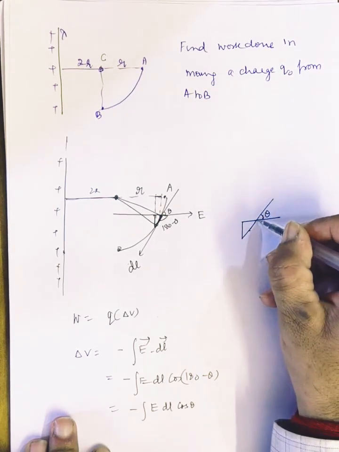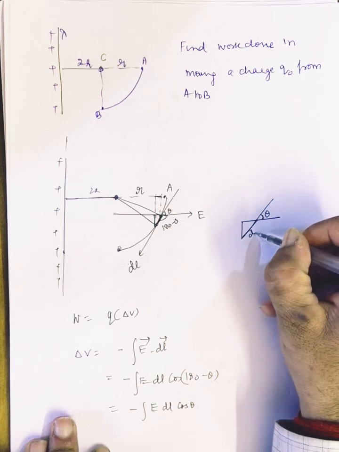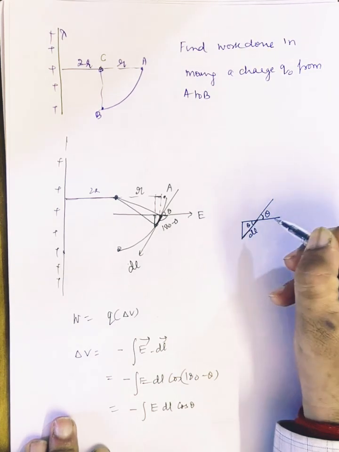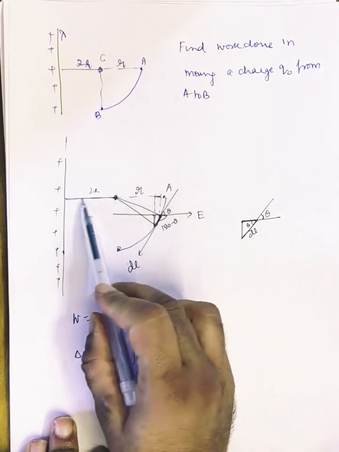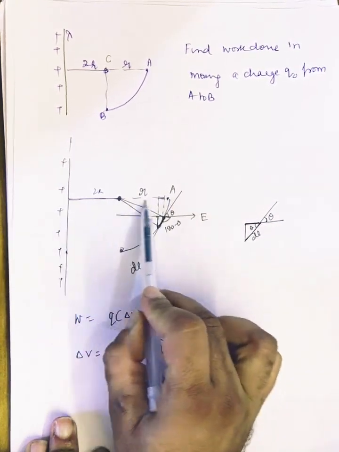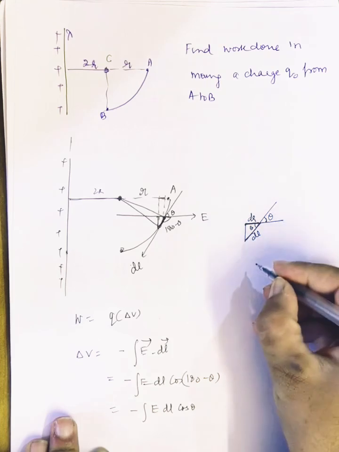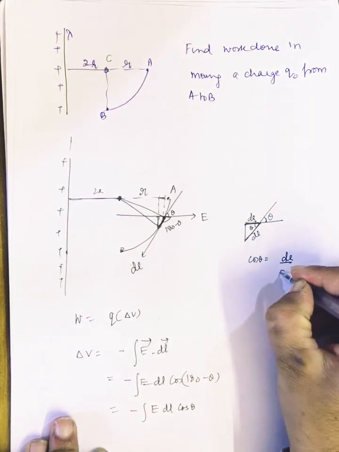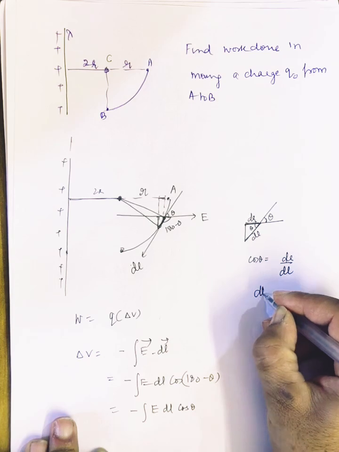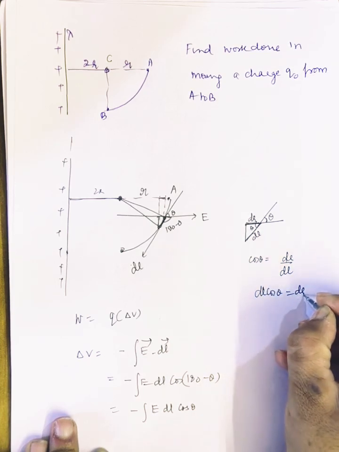This is dl, this is also theta. Now this small distance in the direction of r can be written as dr. So we can write cos theta equals base dr upon hypotenuse dl, so dl cos theta is equal to dr.